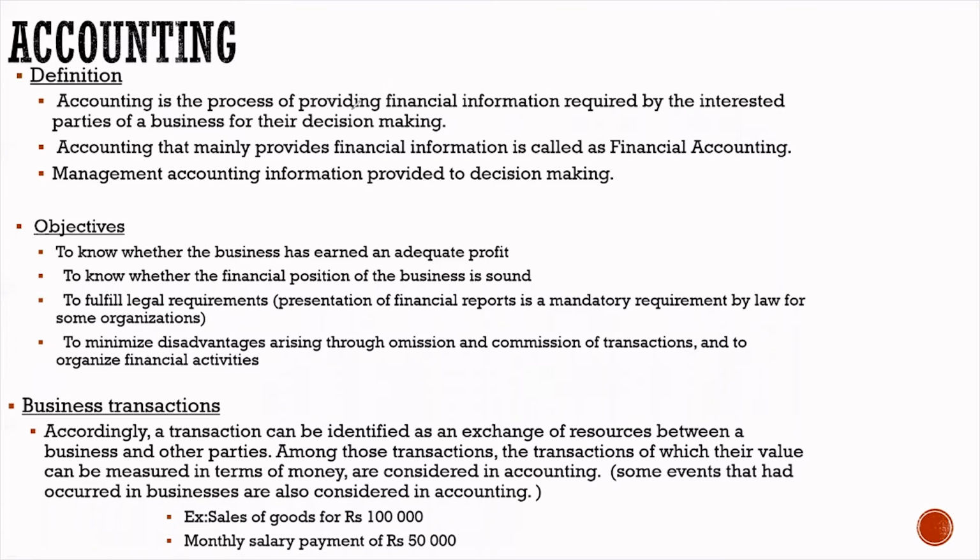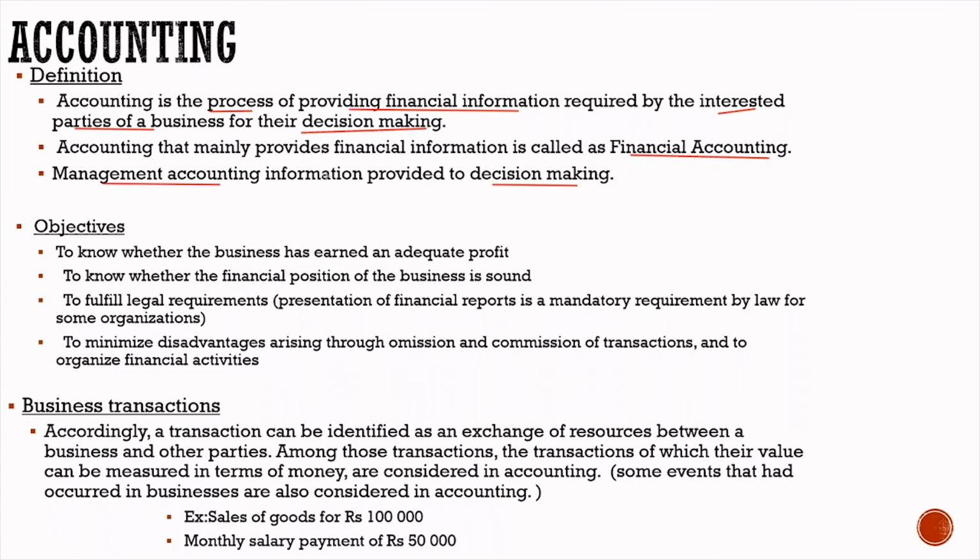So if I underline the key points, accounting will be a process. What does it do? It provides financial information to whom? The interested parties of a business for what? For their decision making. So accounting that mainly provides financial information is called financial accounting, while that accounting aspect that provides accounting information for decision making is management accounting.